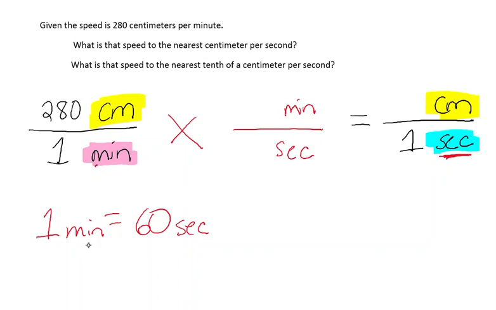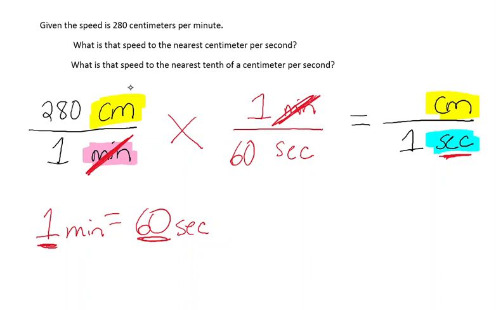Then I can put my numbers with it. 1 minute, so the 1 goes with the minutes, is equal to 60 seconds, so the 60 goes with the seconds. So we have now figured out that 1 minute over 60 seconds is the conversion factor. That conversion factor allows minutes to cancel.